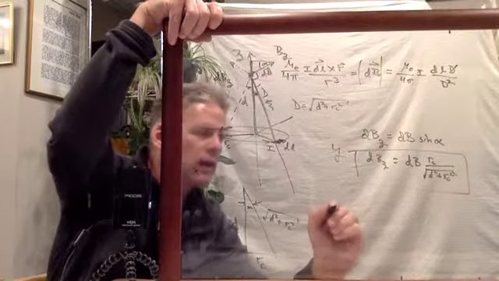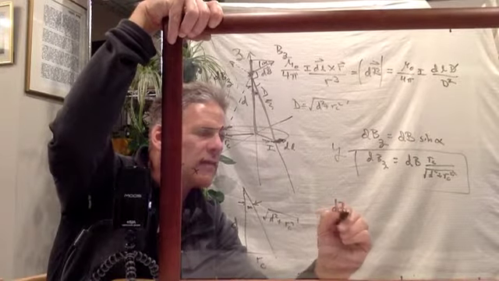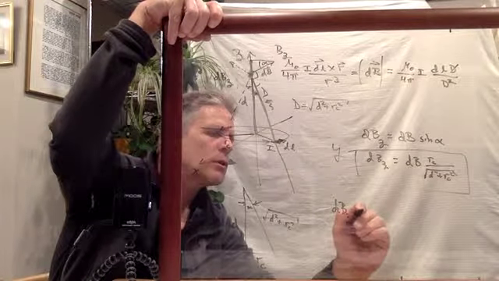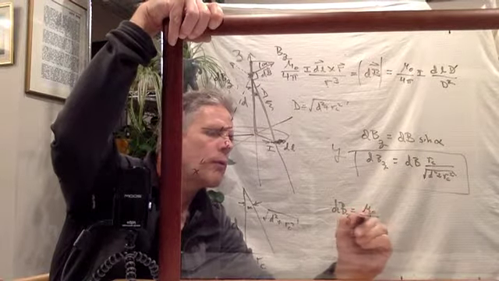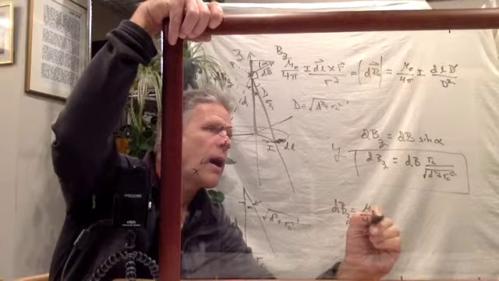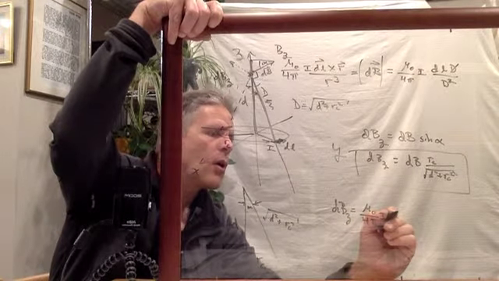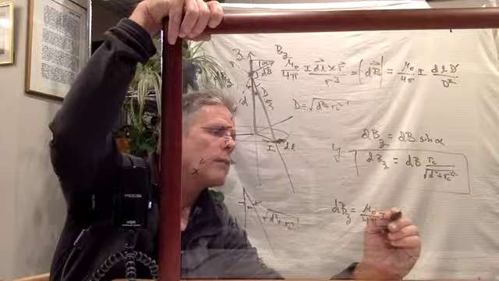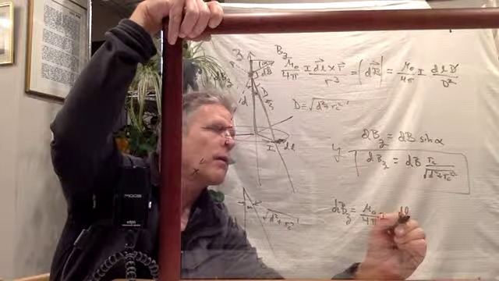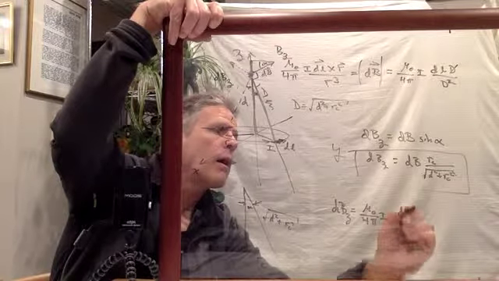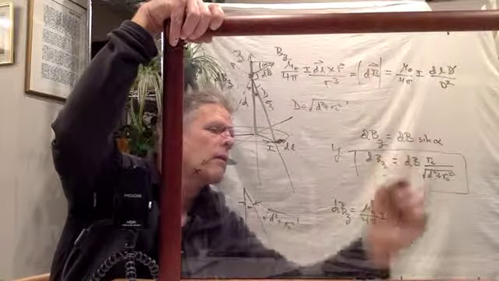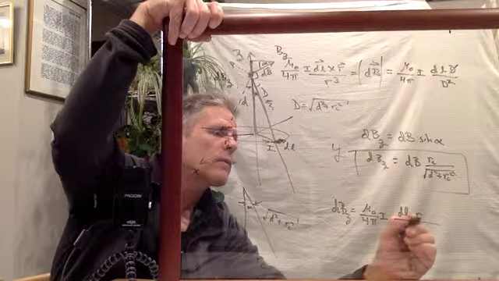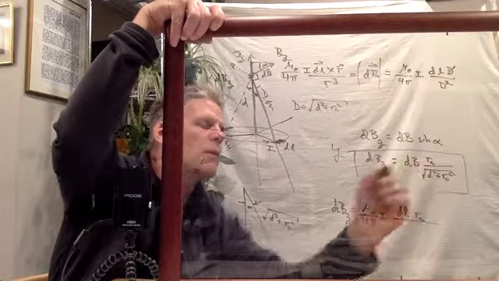So what do we have? We have dB sub z equals mu 0 over 4 pi I, dl sub c, I'm now pulling that from up here.